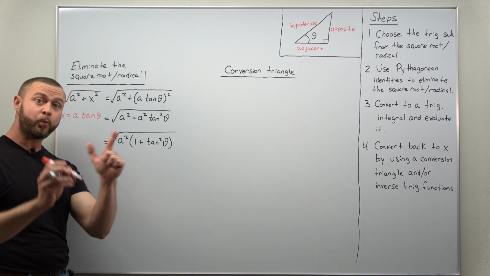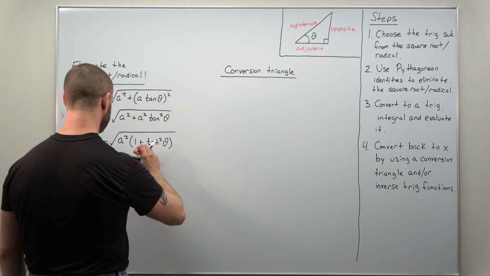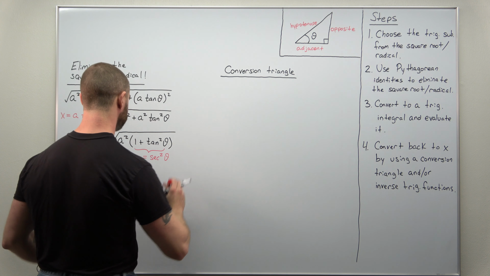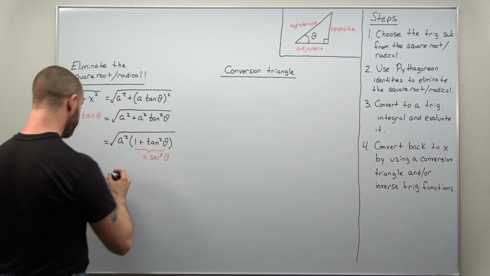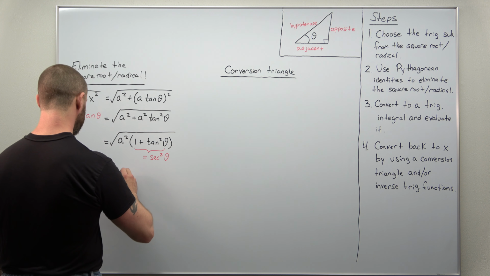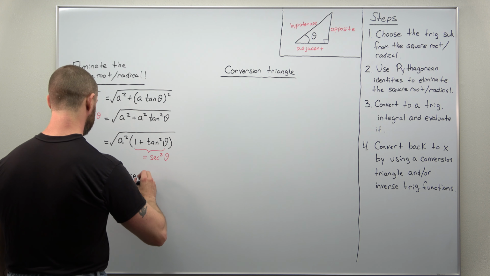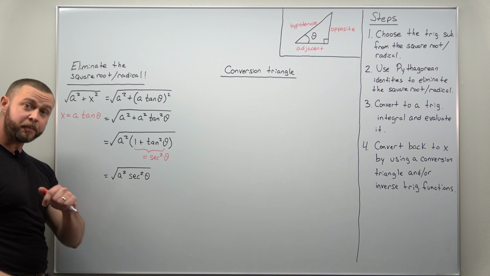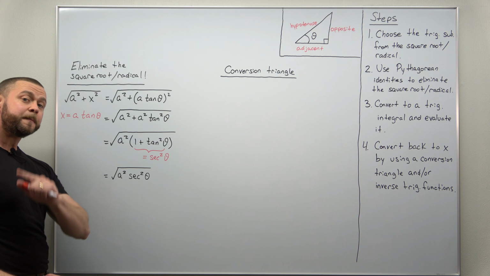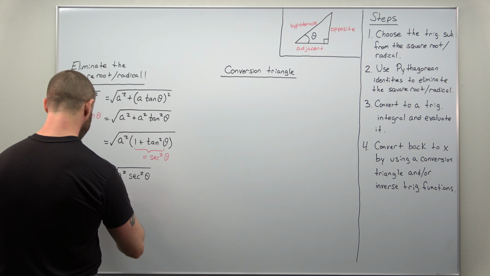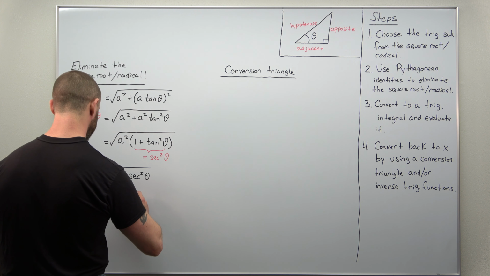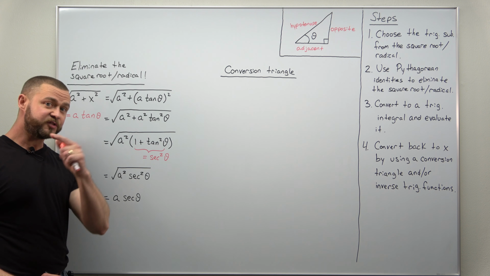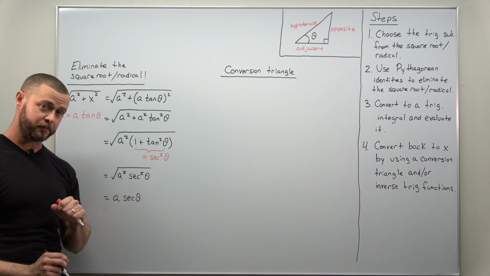The one we use here is 1 plus tangent squared equals secant squared of theta. And if you go ahead and rewrite that, you'll have the square root of a squared times secant squared of theta. And if you take the square root of each part, the squares and the square root will cancel, leaving you with a times secant theta. And that's how the radical is eliminated using a tangent substitution.